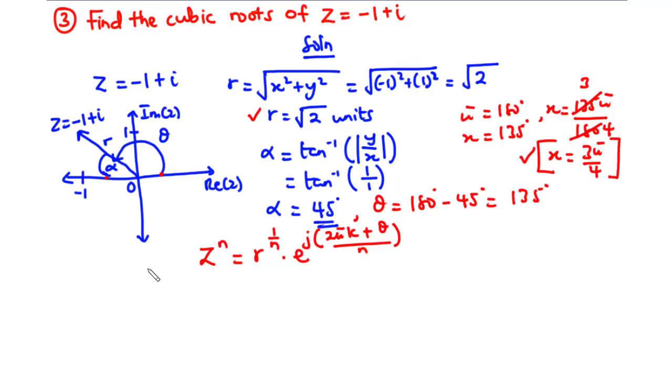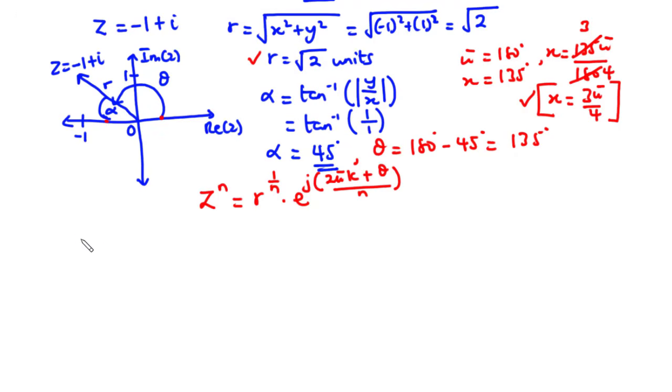Now let's find z1, z2, and z3. So for z1, k is equal to 0 and n is equal to 3. So z1 is equal to, we have r to be the square root of 2, so the square root of 2 exponent 1 over 3. Now this becomes 2 exponent 1 over 2 times 1 over 3, which is equal to 2 exponent 1 over 6.